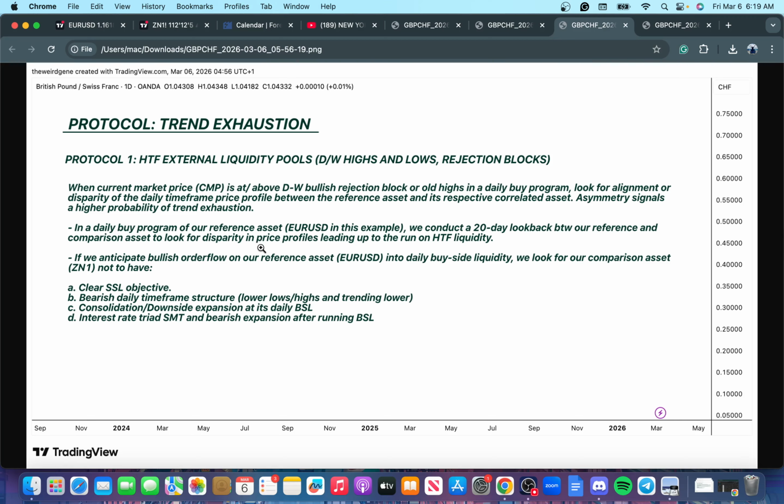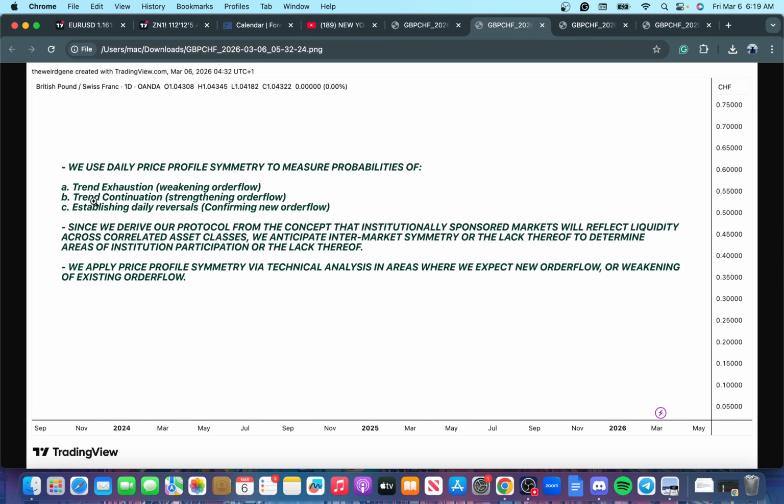We're looking for four confirmations of asymmetry. If we cannot identify either of these confirmations for asymmetry, then that creates a possibility of a trend continuation. Again, we're going to talk about protocols we're looking for in trend continuations, right? But again, when the market trades into a higher time frame external range liquidity pool, this is where we start to look for signs of either an exhaustion.